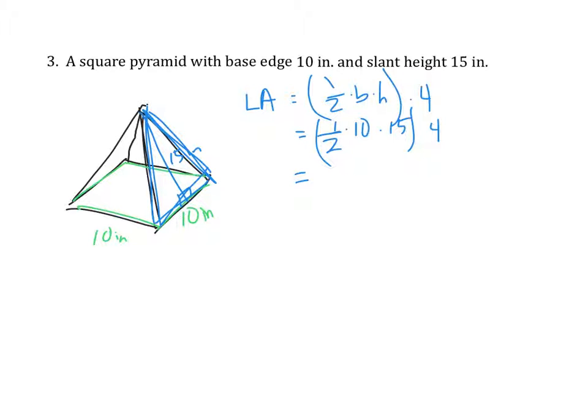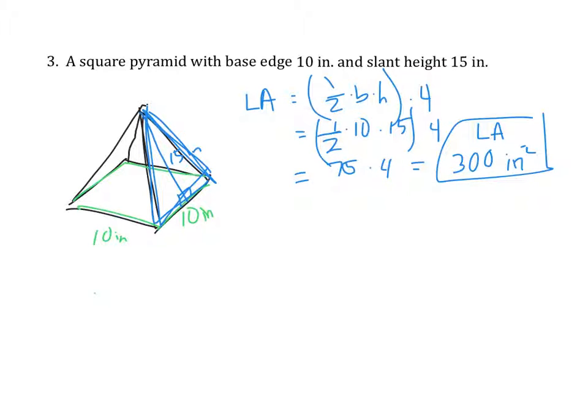So that gives me 5 times 15 is 75, times 4, which gives me 300 square inches for my lateral area.